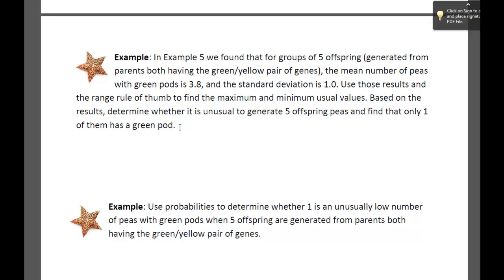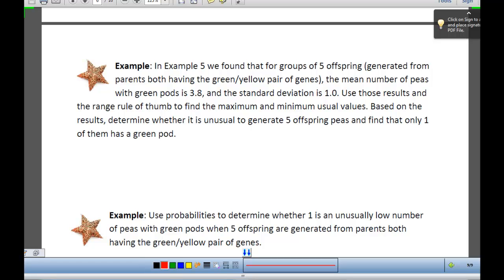Based on the results, determine whether it is unusual to generate 5 offspring peas and find that only one of them has a green pod. So they already gave us the mean and the standard deviation. To get our maximum and minimum, we're going to look at mu plus or minus 2 sigma. They said mu was what?